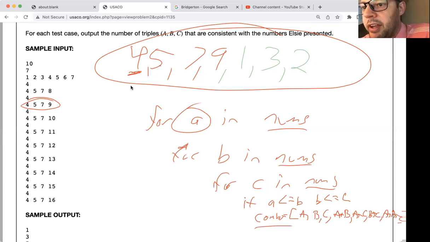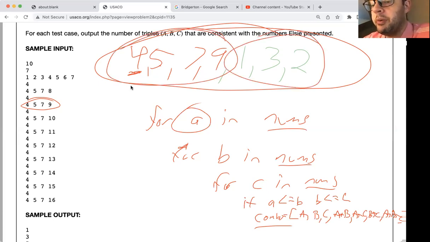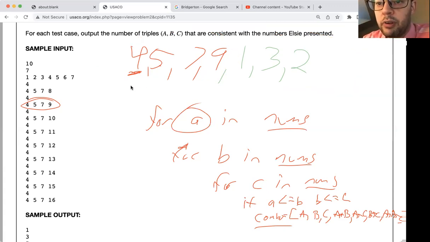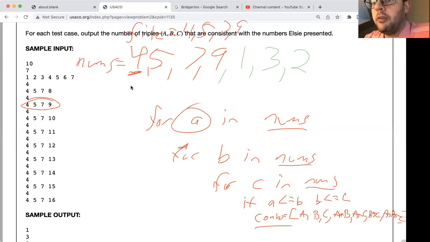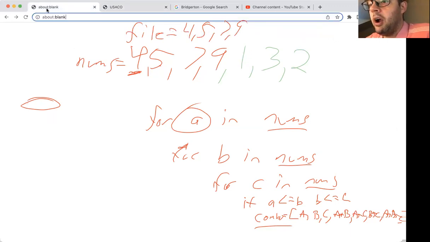Once we generate that list, we want to iterate through all of the original numbers, not all of the numbers including the 1, 3, and 2, but all of our original numbers. Maybe if I load this, if this is my numbers, and we'll have to keep those distinct. If my file was 4, 5, 7, and 9, then my numbers are 4, 5, 7, 9, 1, 3, 2.